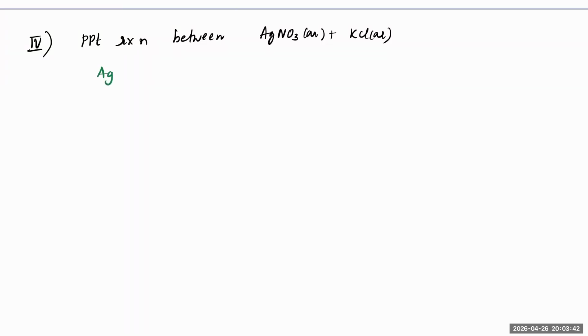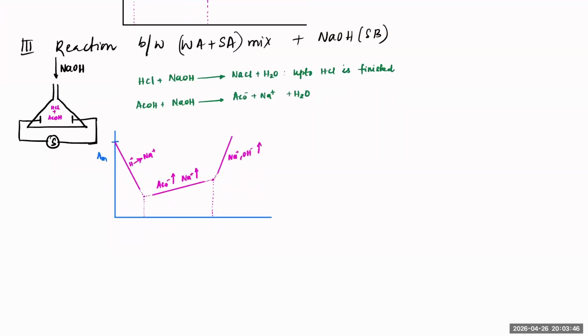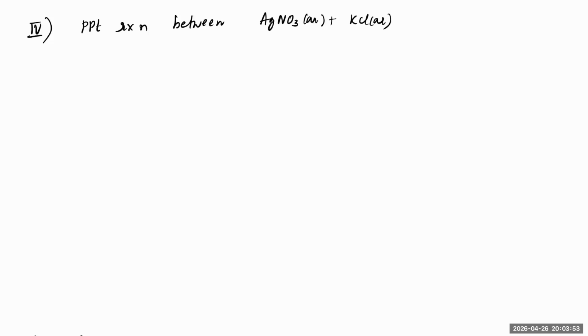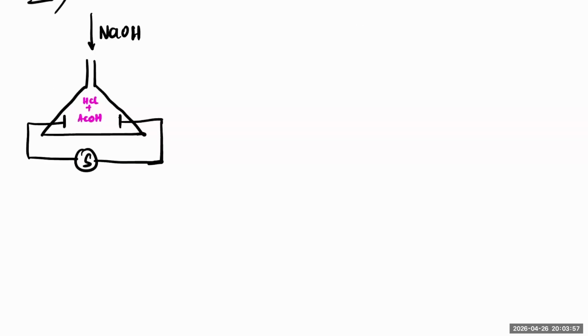In case you have AgNO3, the same thing, I'll put this as a diagram here, just for understanding sake. Imagine we have AgNO3 initially, and that is being titrated with KCl.